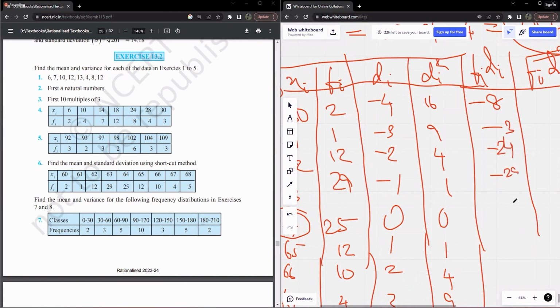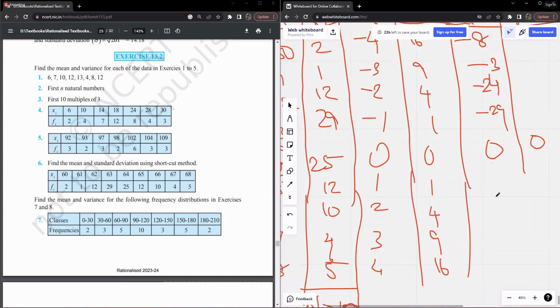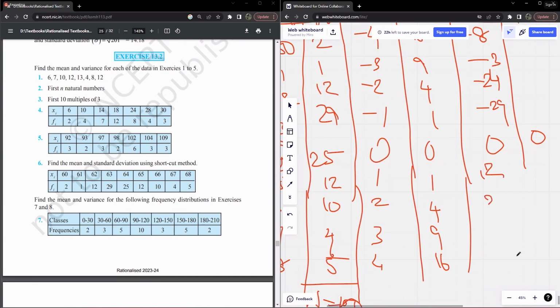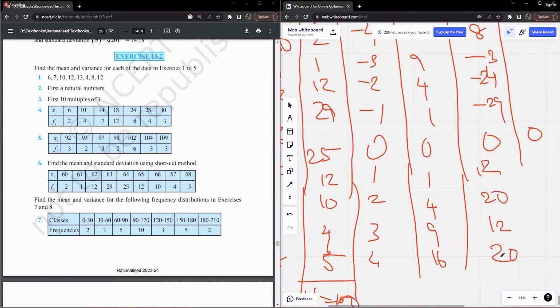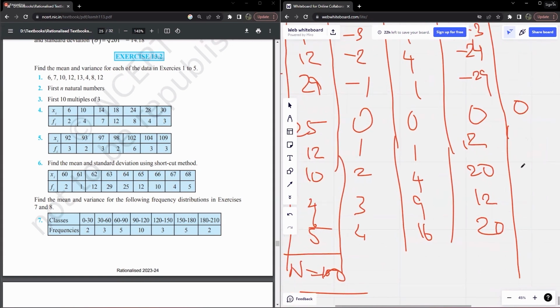This is 0 in both cases, right? Then this will be 12, this will be 20, this will be 12, this will be 20. Similarly, over here, this is going to be a 12, but this is going to be a 40. This will be a 36, and this will be an 8.